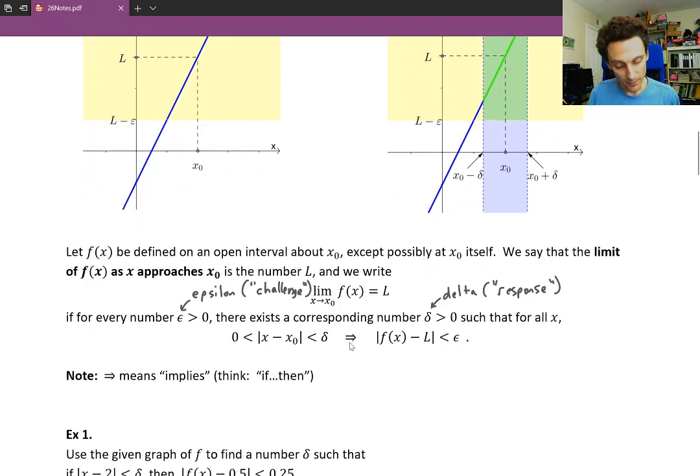And by the way, the right arrow with the double lines means implies, so you can think of it as an if-then. So for all x, if x is within delta of x naught, then f of x is within epsilon of L.